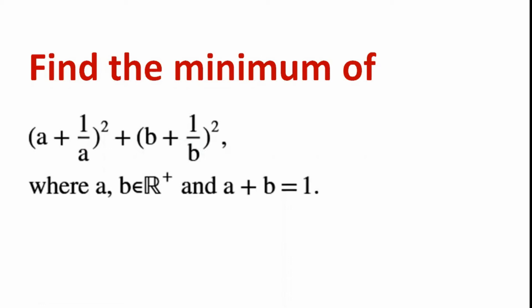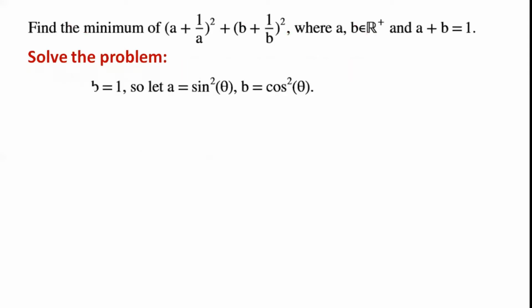Find the minimum of (a plus 1 over a) all squared plus (b plus 1 over b) all squared, where a, b are positive real numbers and a plus b equals 1.